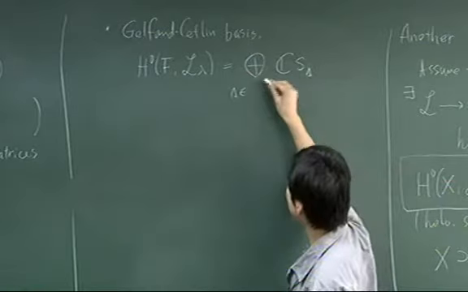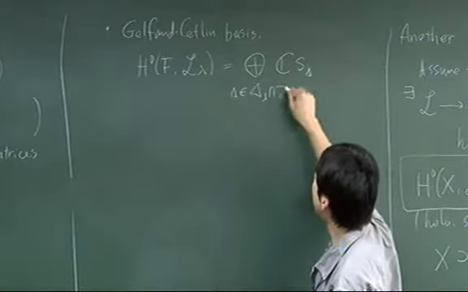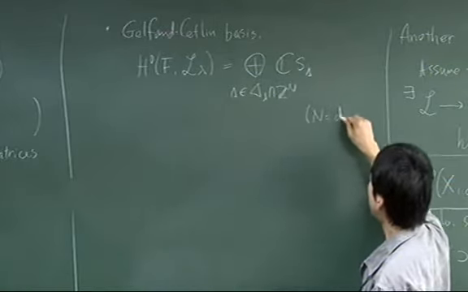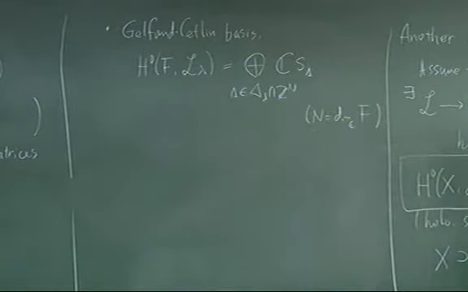The basis is labeled by the integral points of this polytope. N is the dimension of F. It looks the same.